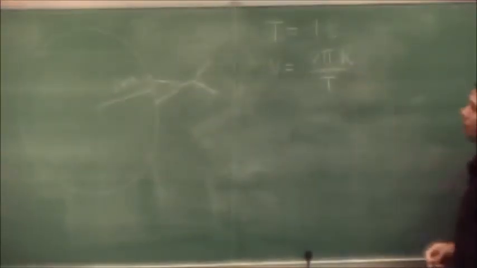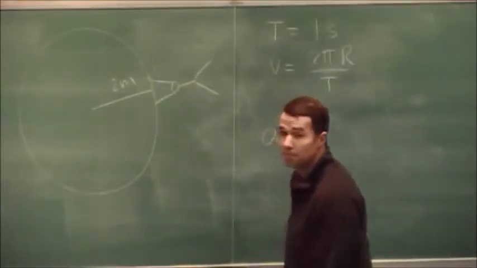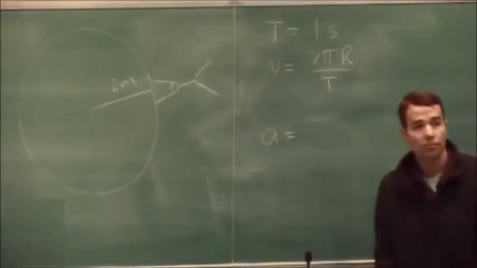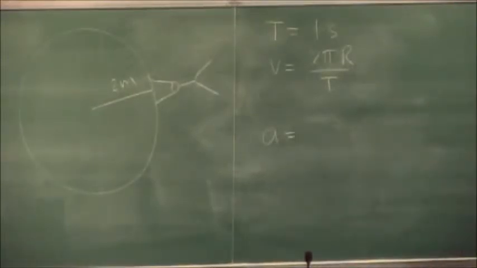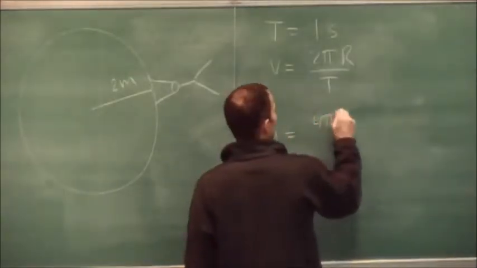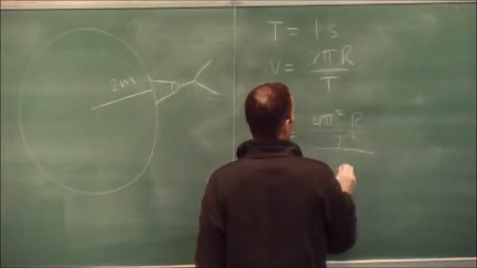So what is the centripetal acceleration going around there? How would we do that? Okay, good. So we get 4 pi squared r all over T squared.